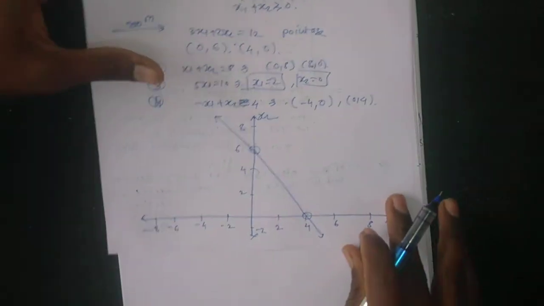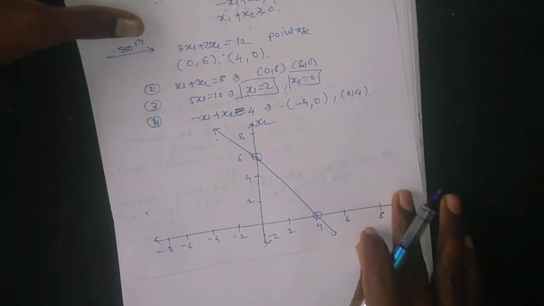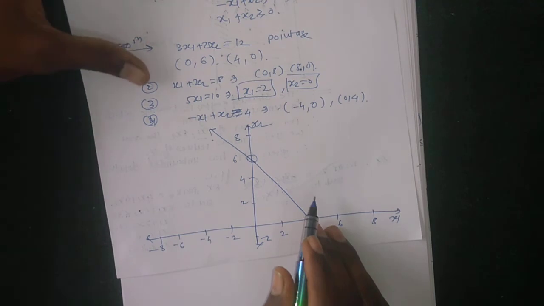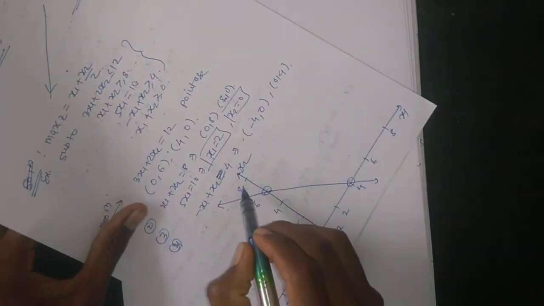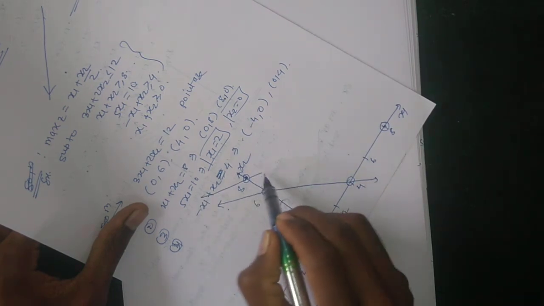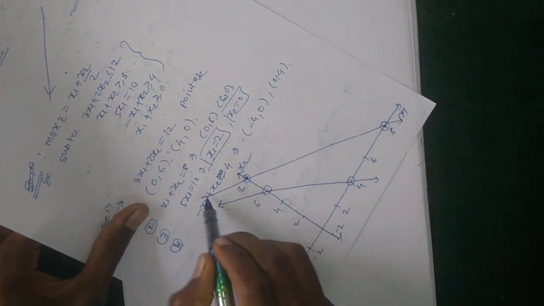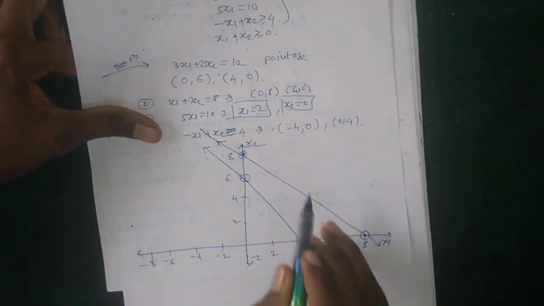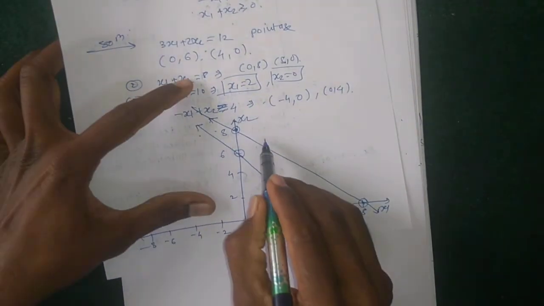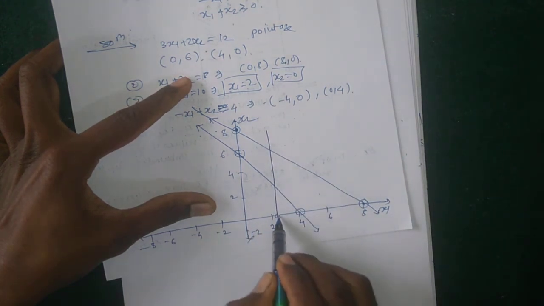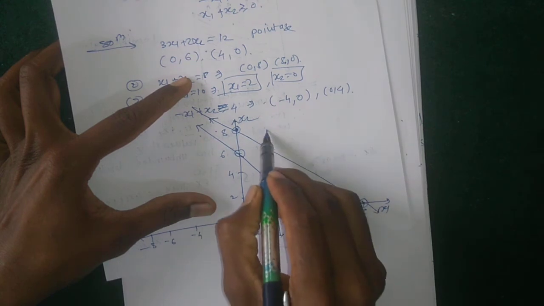So then next, points are (0, 8) and (8, 0). This is one line. Okay, then next is x1 = 2, which is parallel to the x2 axis, suppose here 2.